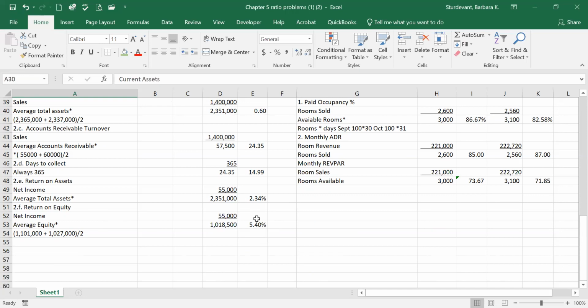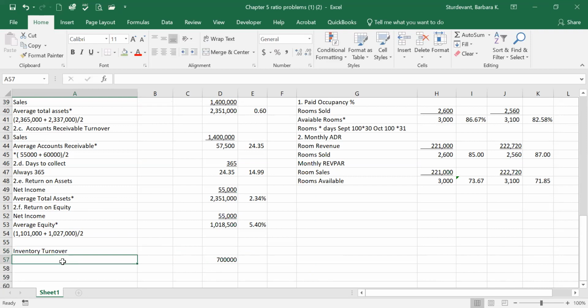Okay, we can do an inventory turnover here. So let's go do inventory turnover. And so with inventory turnover, we want cost of goods sold on the top. So that would be 700,000. And then we're going to have to find our average. Here, let me move this down. So this is inventory turnover.